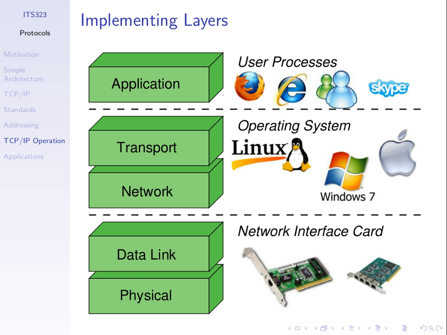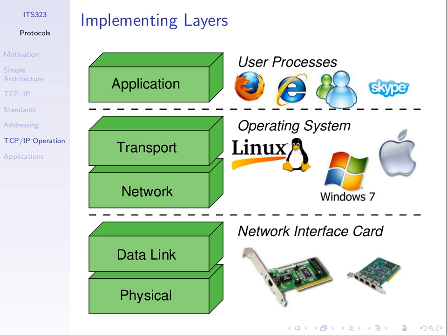Data link layer and physical layer normally in hardware and what we call a network interface card. Now, it may be a separate card that you plug into your computer, or it may be a chip on board the motherboard, but referred to as a NIC or a network interface card. It's not always this case, but in the computers that we see, it's commonly that case, that separation between implementation.